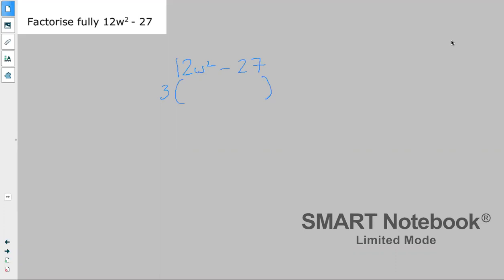So then it becomes 3 multiplied by what gives you 12w squared, which is 4w squared, and 3 multiplied by what gives you 27, and it's 9. Now this quite often happens in Nat 5. This bracket now has become a difference of 2 squares type question.